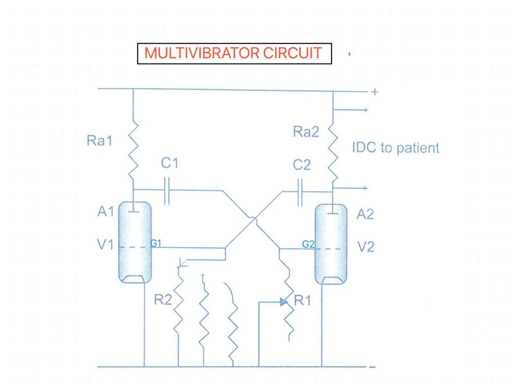This multi-vibrator circuit is one type of current modifying process called interruption. Interruption means the current flow starts and stops at regular intervals. Such interruption is done by a valve interrupter.